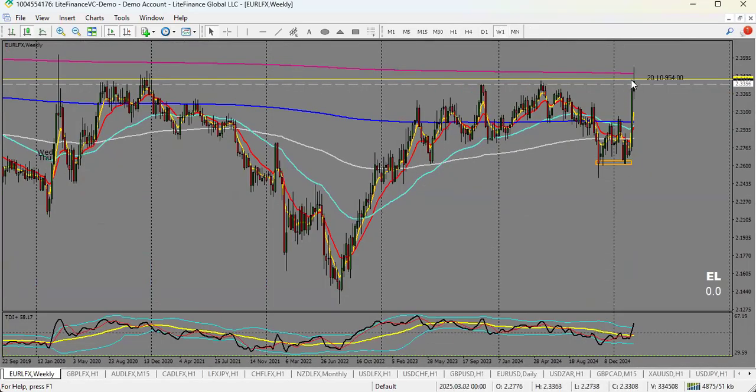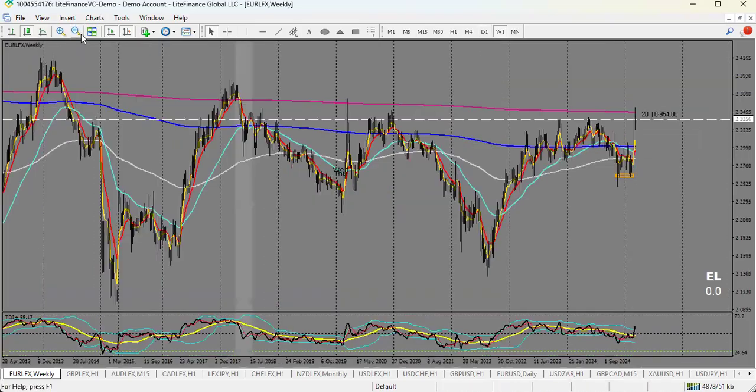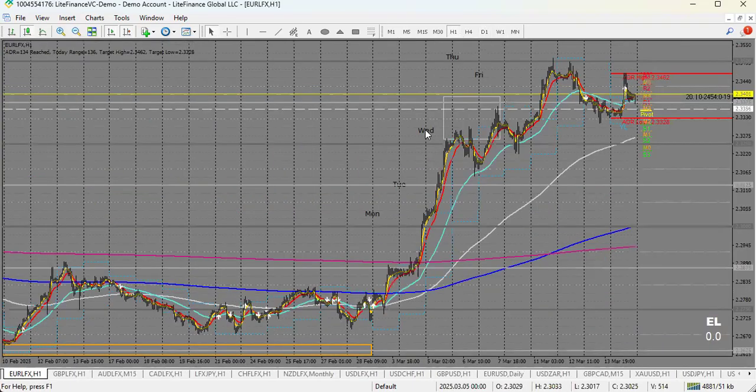And this is the weekly time frame. So price is still struggling to break this area of resistance, but with this momentum, I should be seeing a breakout, and then all this area is an area of liquidity for them. So they will rally very well going up.